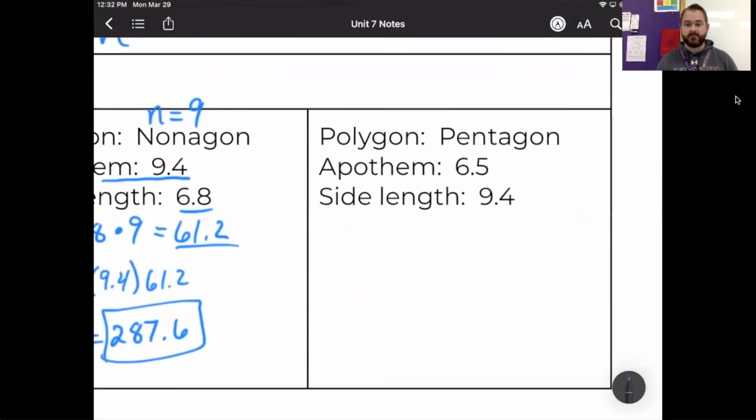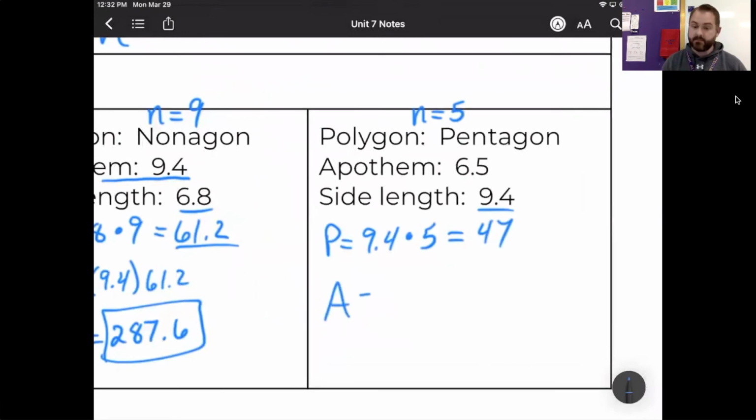A pentagon. We should hopefully remember that, but if you can't remember, the prefix penta means 5, so a pentagon is a 5-sided polygon. There are 5 sides, each one is 9.4 for side length. So the perimeter is 9.4 times 5, giving us 47.